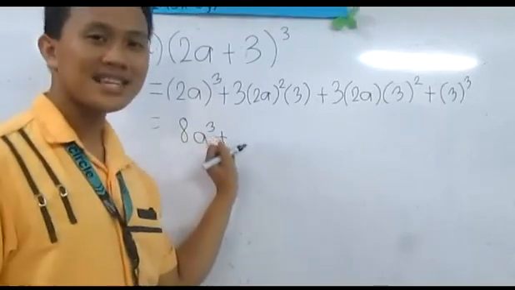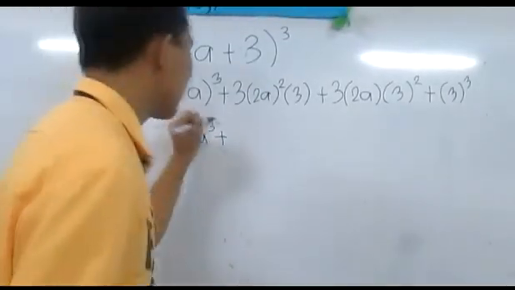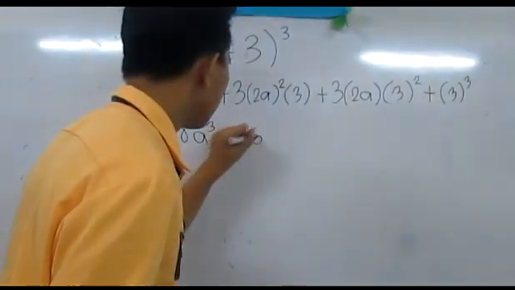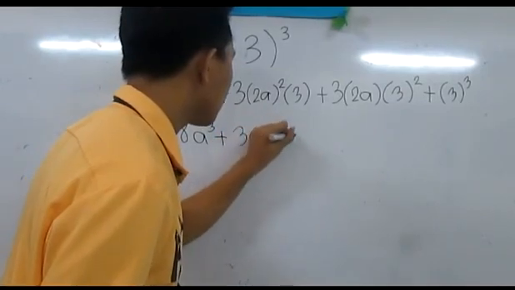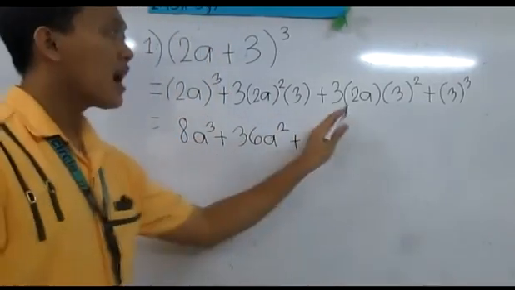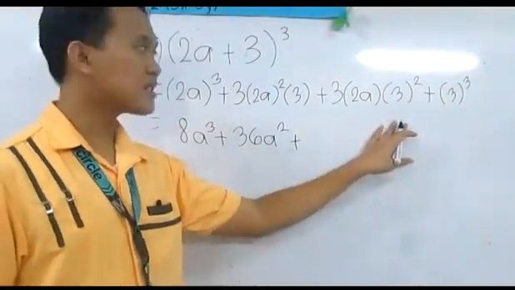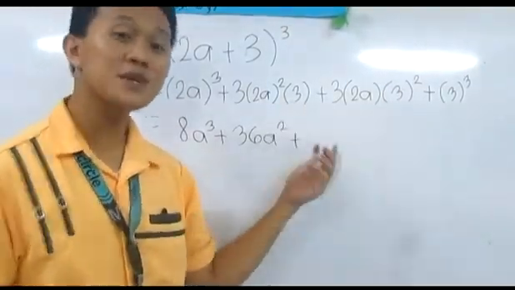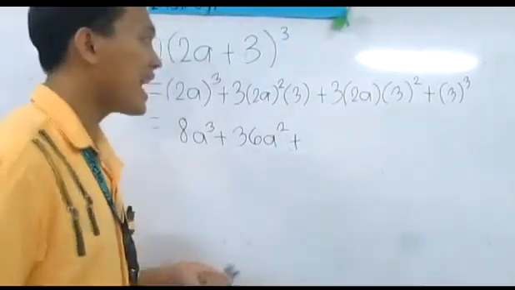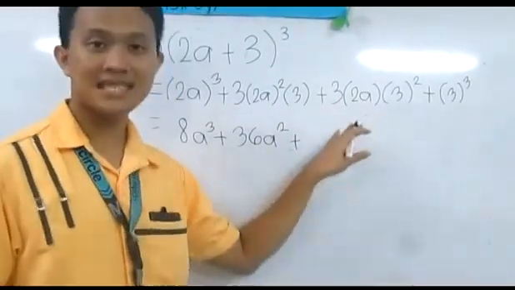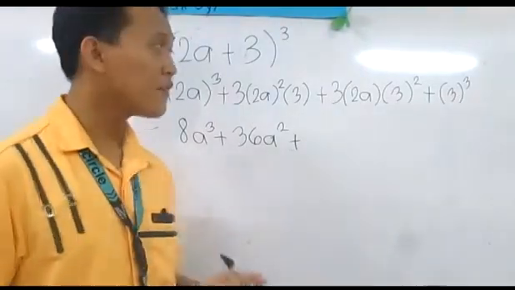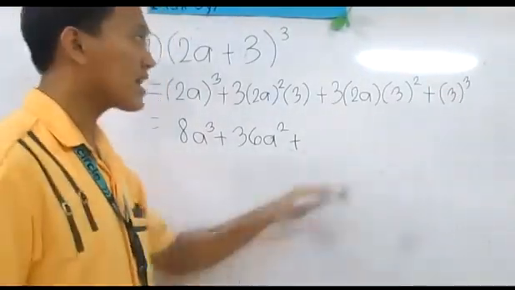So our second term will be 36a squared. Plus 3 times 2 is equal to 6, and 3 raised to the power of 2, or 3 squared, is 9. So 9 times 6 is equal to 54, and copy a.